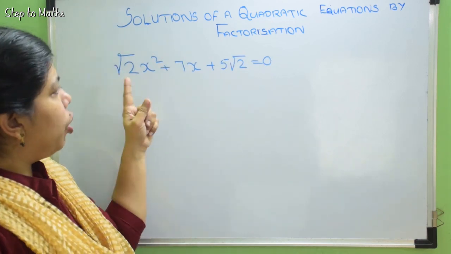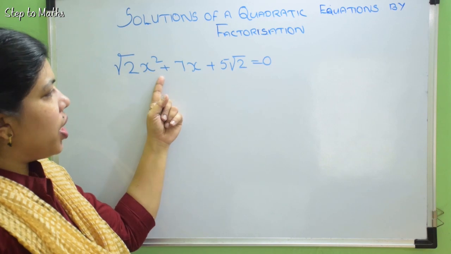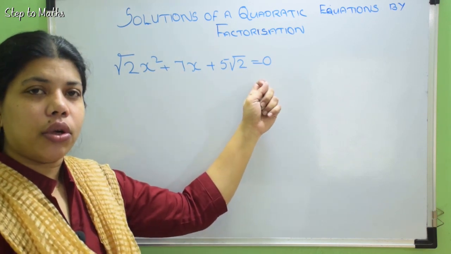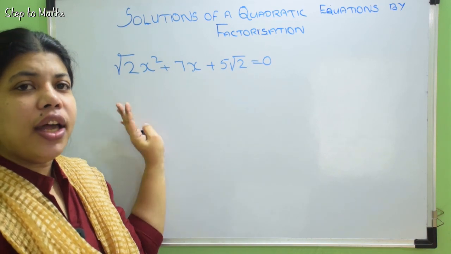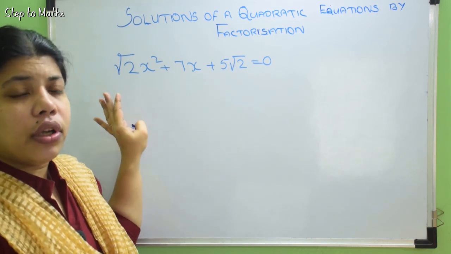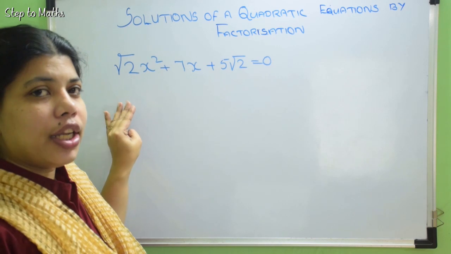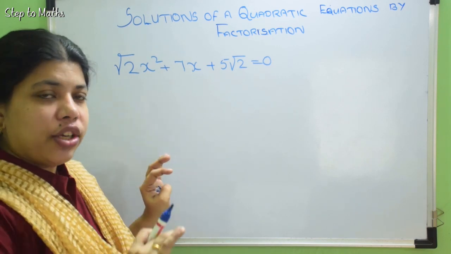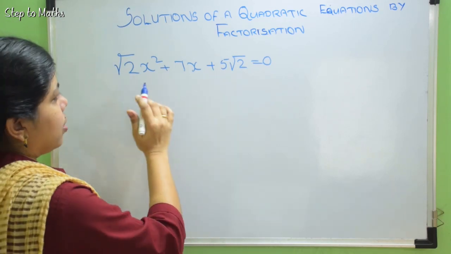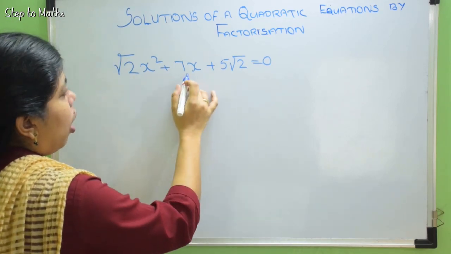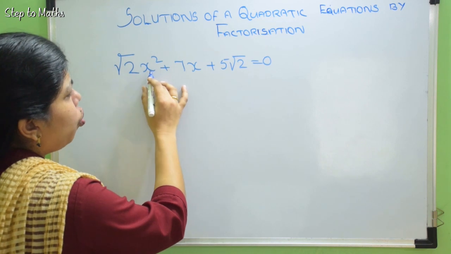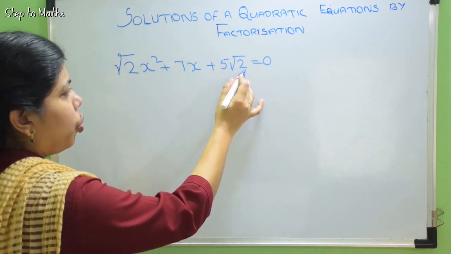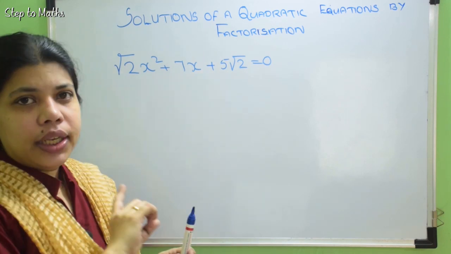Consider one more example: root 2 x square plus 7x plus 5 root 2 is equal to 0. To find the roots of this quadratic equation, what is the first step? Factorize it, or find the factors. How to find the factors?